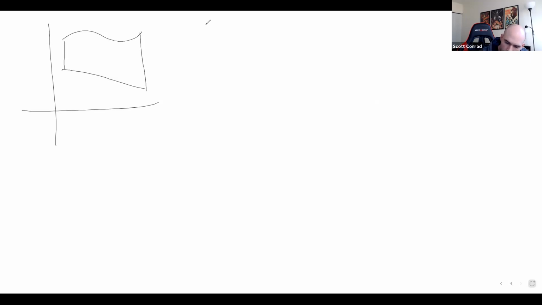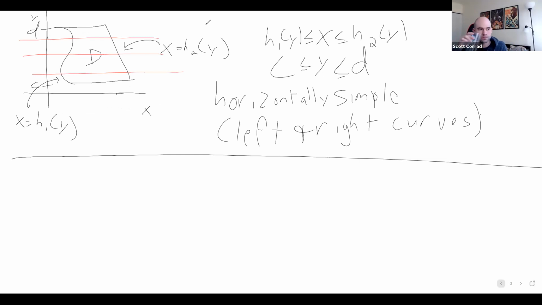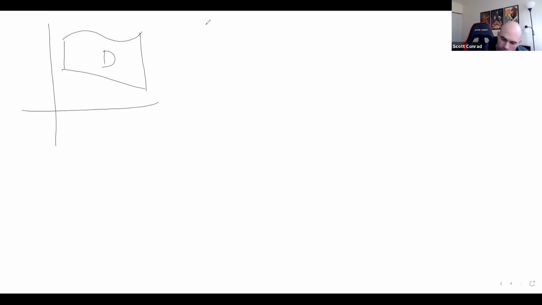So suppose we have a vertically simple region D. So you do your vertical line test. You're always hitting the top and the same curve, and the bottom and the same curve.